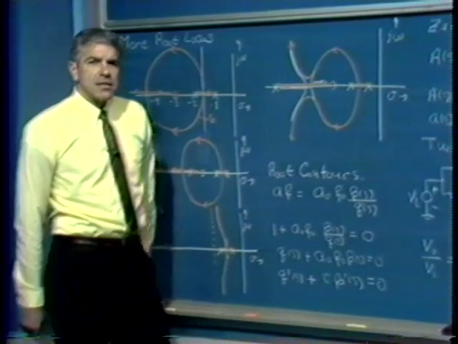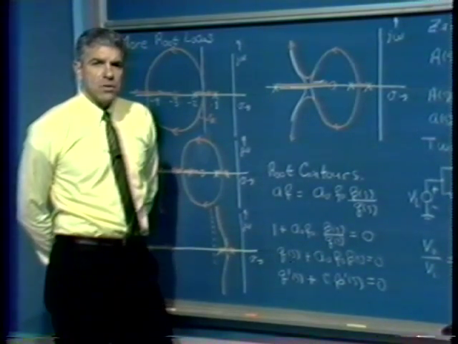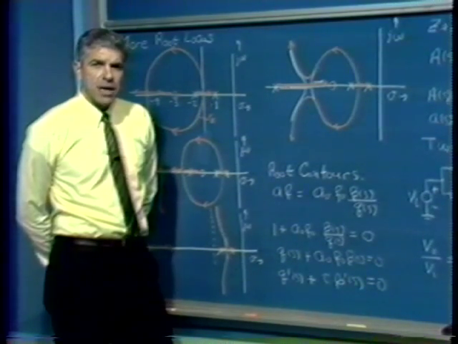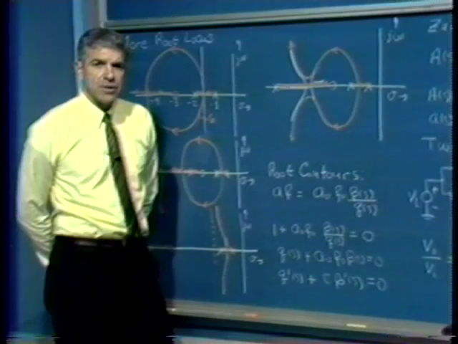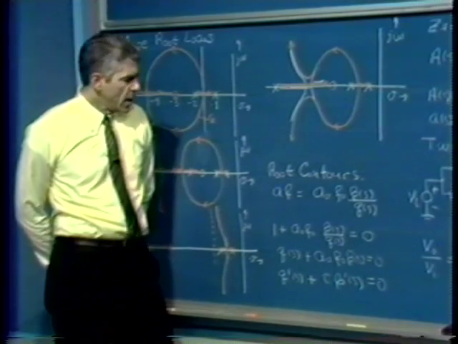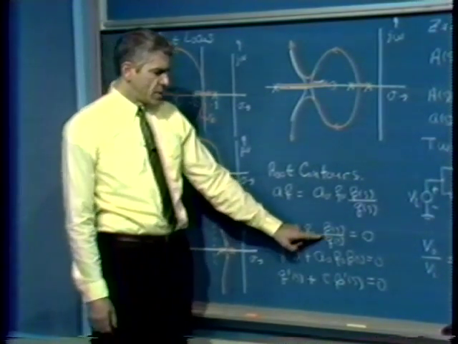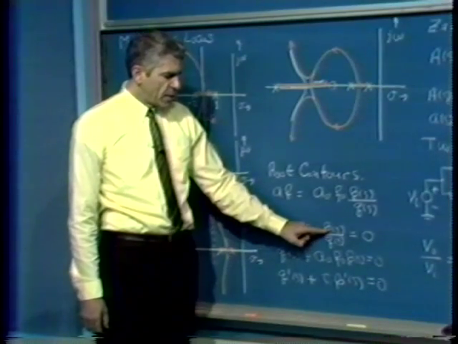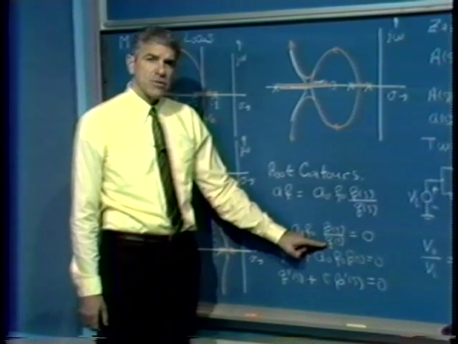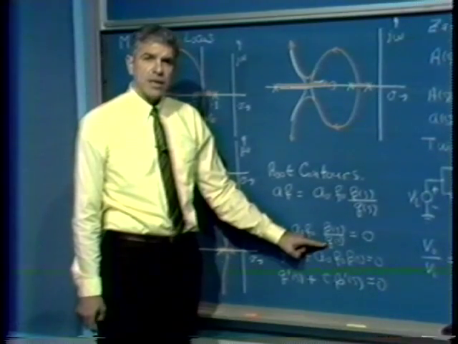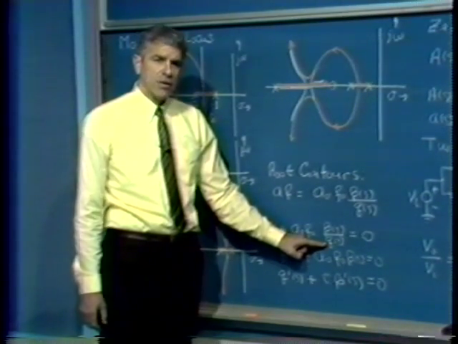The analytic difficulty that we run into when we do this is one that involves the difficulty of factoring the polynomials. Again, if we have machine computation, that may be a fairly simple task. But usually when we do a root locus diagram, the polynomials p of s and q of s appear in factored form, and so we don't have to go through the drudgery of doing that factoring ourselves.